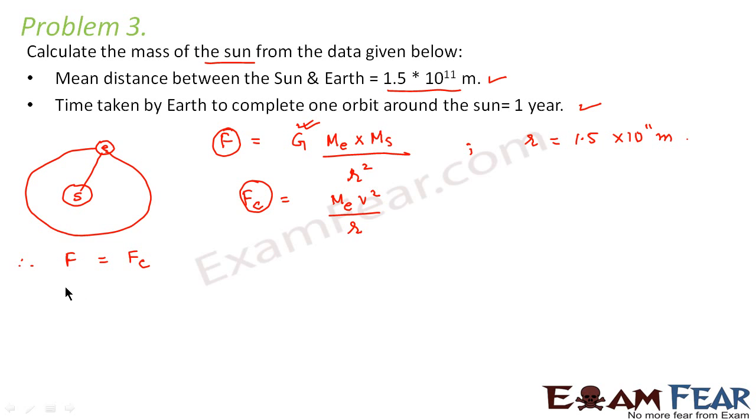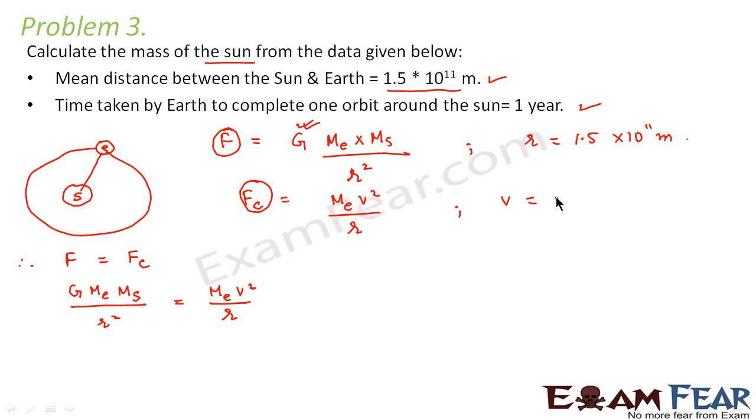Now what is F? F is equal to G into me ms divided by r square. This is equal to me v square by r. Now what is v? Let us try to calculate v. V is the velocity with which earth is moving around the sun. Velocity is nothing but the distance travelled divided by time taken.